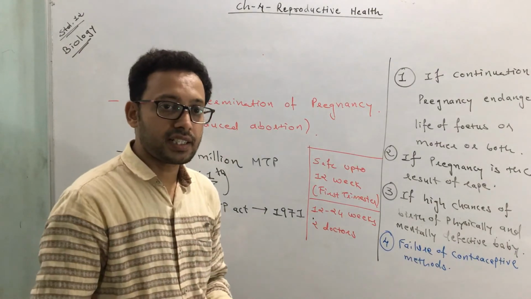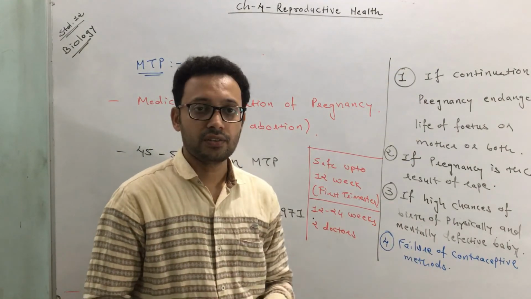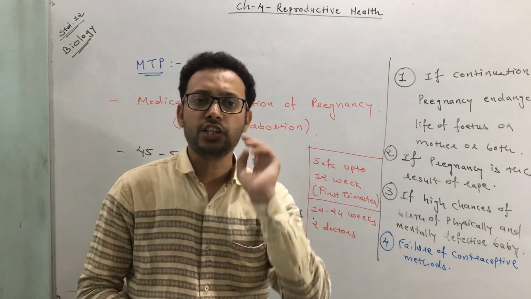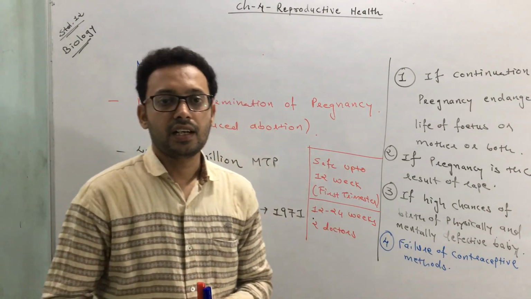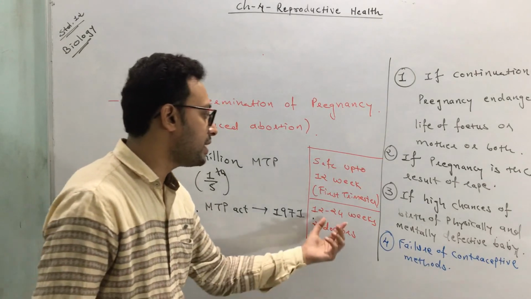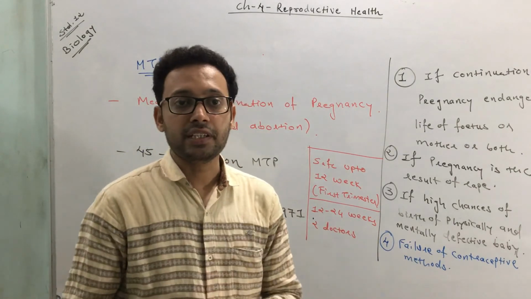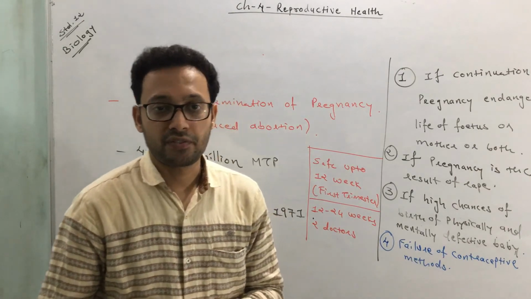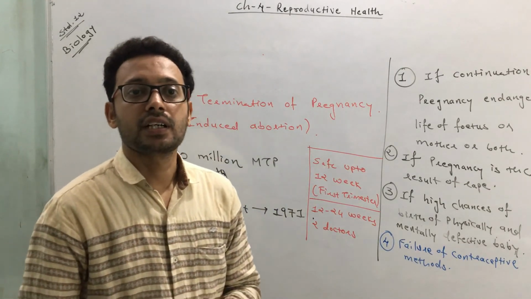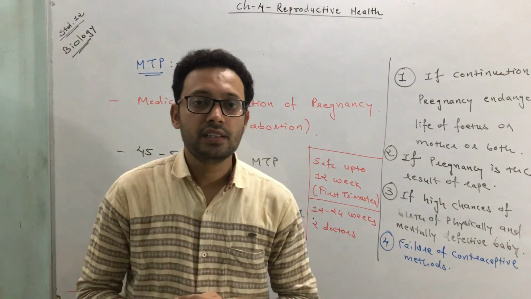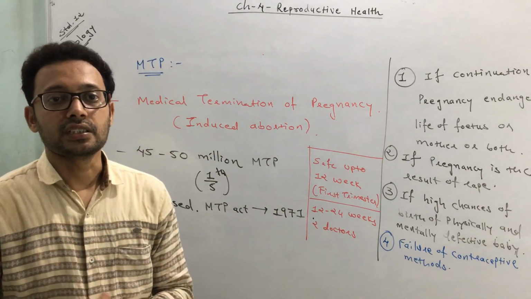If 2 doctors agree on these 4 grounds, then it is allowed. Up to 12 weeks, if only 1 doctor agrees, then it is allowed to perform the MTP. But between 12 to 24 weeks, only if 2 doctors have the same opinion that MTP should be performed, then the MTP is allowed. So that is MTP, medical termination of pregnancy.